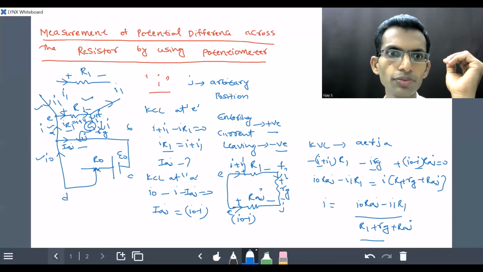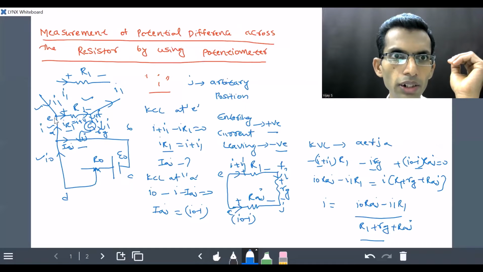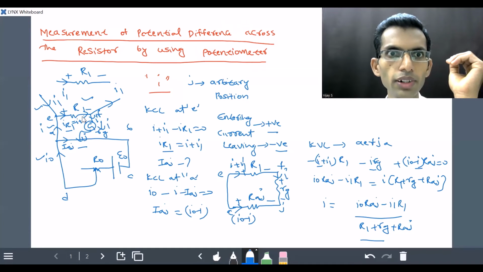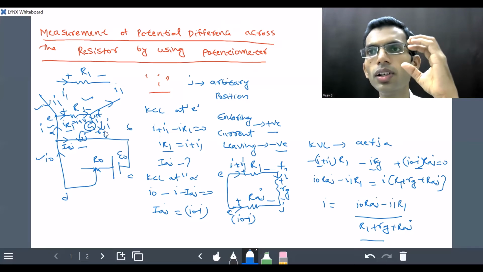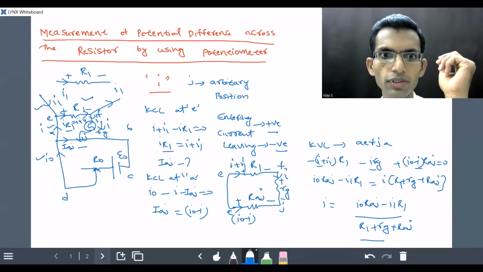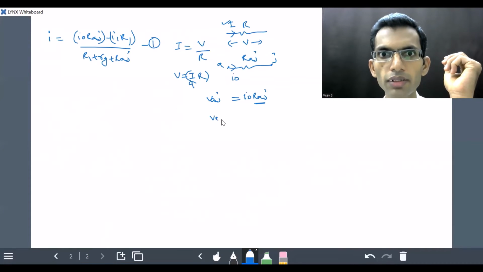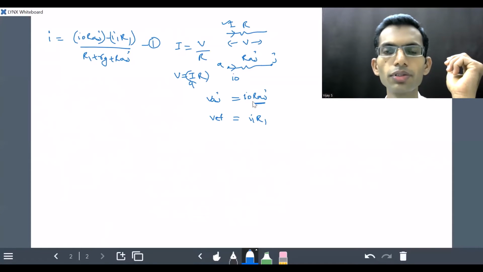As R1 is present between E and F, the potential difference across R1 is going to be VF. So I1R1 is nothing but the potential difference across R1, that is VF. Let us take this as equation 2, and this as equation 3.